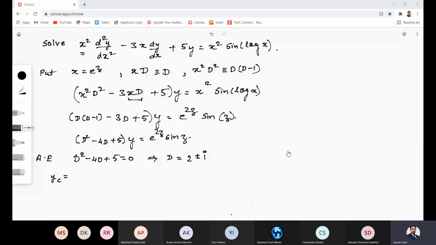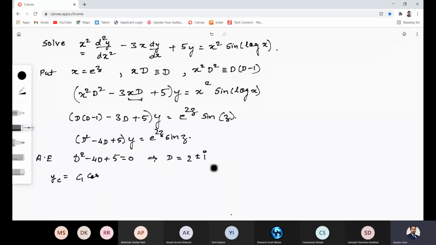This is a very important place where a silly mistake can happen. So c1 cos of the imaginary part.